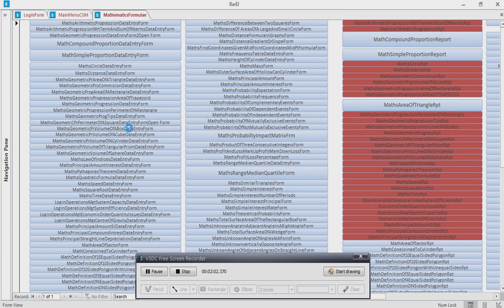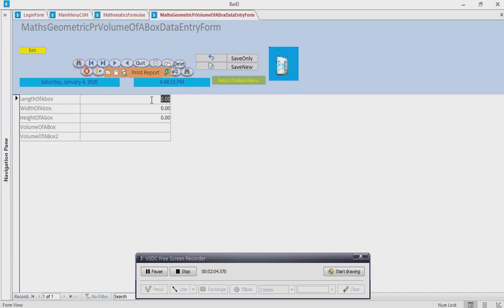Volume of a box. Let us say the length of a box is 5, then the volume is 125.